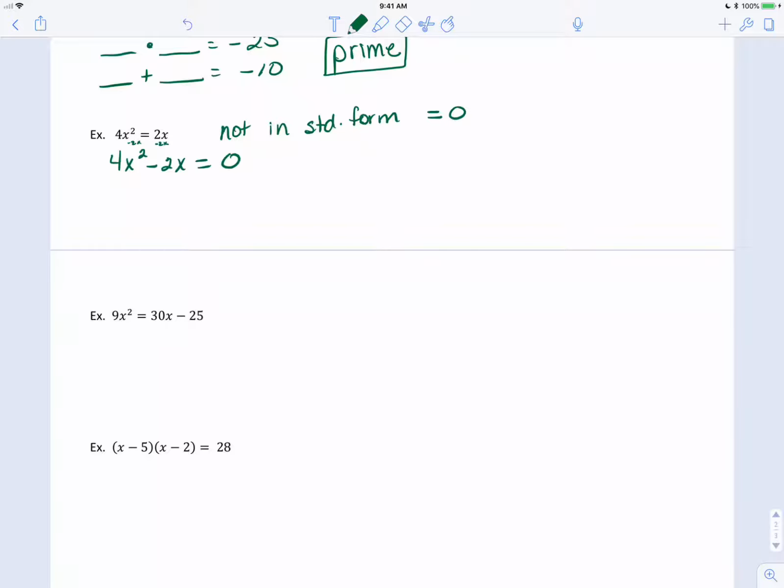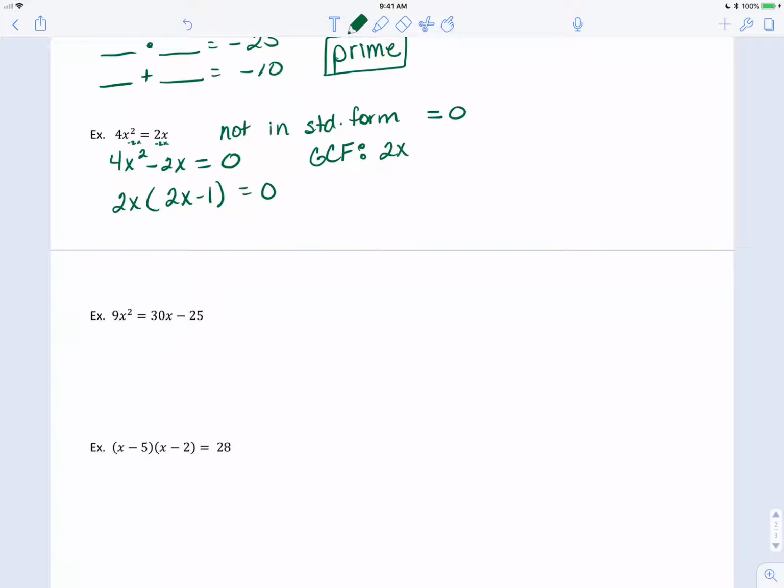Well, this one is still not in standard form, but we do just have two terms. And what's our first step always in factoring? Look for a GCF. Well, we do have a GCF of 2x. So let's take that 2x out, and we're going to have 2x minus 1 left.